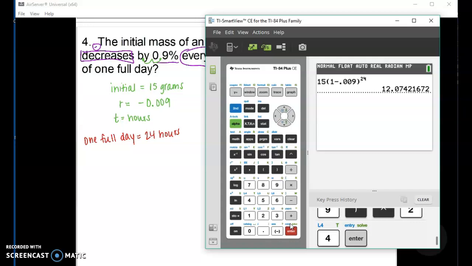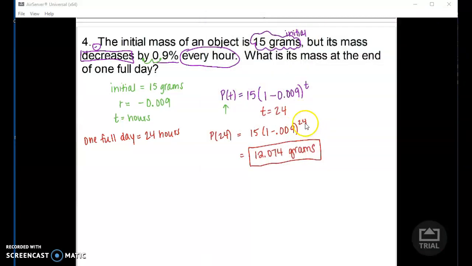So that is going to give us 12.074, and I'm going to keep my 3 decimal places. We're talking about a mass here, so it can have decimals. It's not talking about years or talking about people there. So we can have that decimal there. So we're going to end up with 12.074 grams.